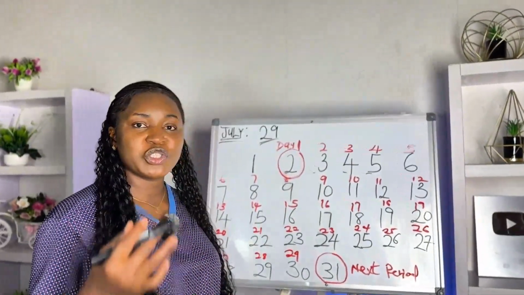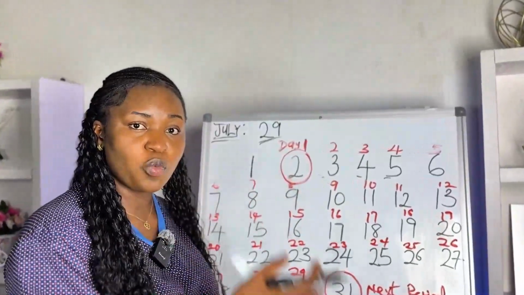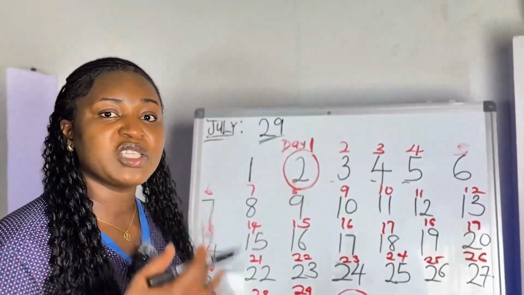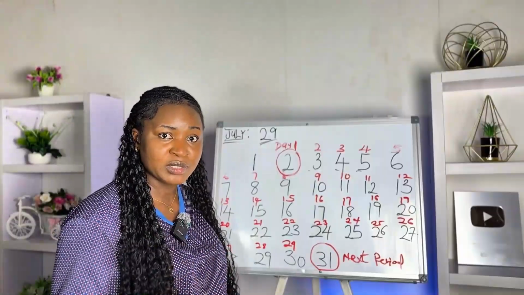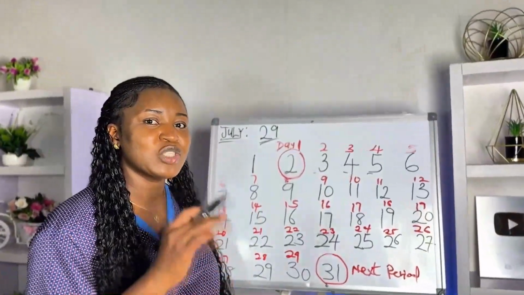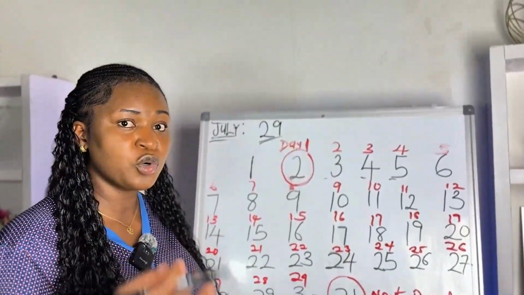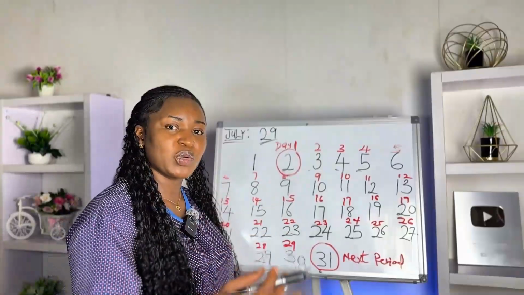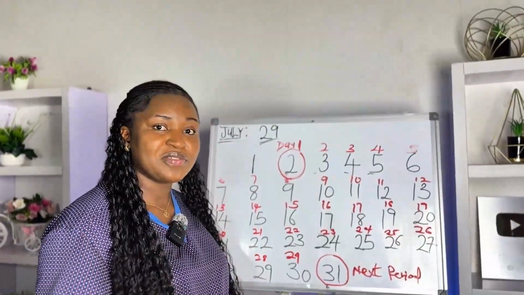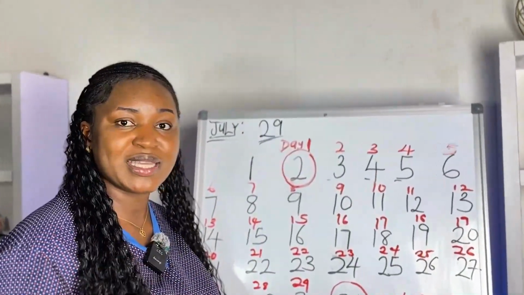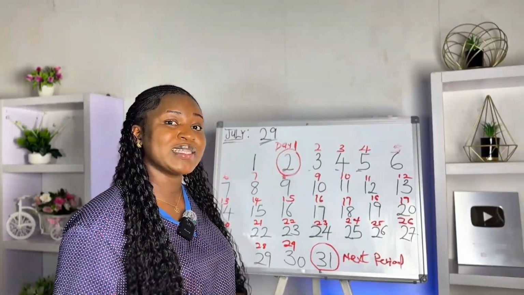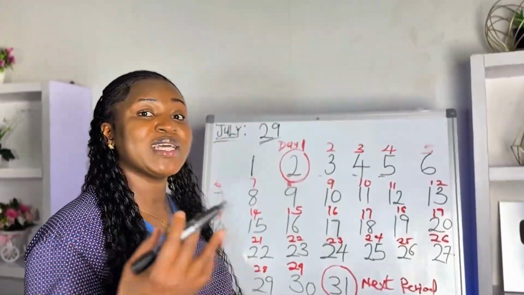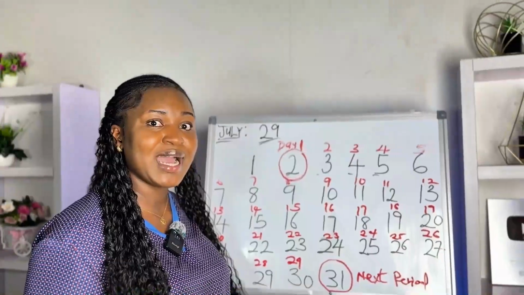Now, one thing I want you to know is that cycle length varies from woman to woman. Some women have a 21-day cycle length, 25-day cycle length, 30-day cycle length. So every woman does not have a 28-day cycle length like most women assume. If you have a 21-day cycle, a 25, 26, 27, 28, up to 35-day cycle, it is considered normal. It's only when it's less than 21 days or greater than 35 days that is considered abnormal.